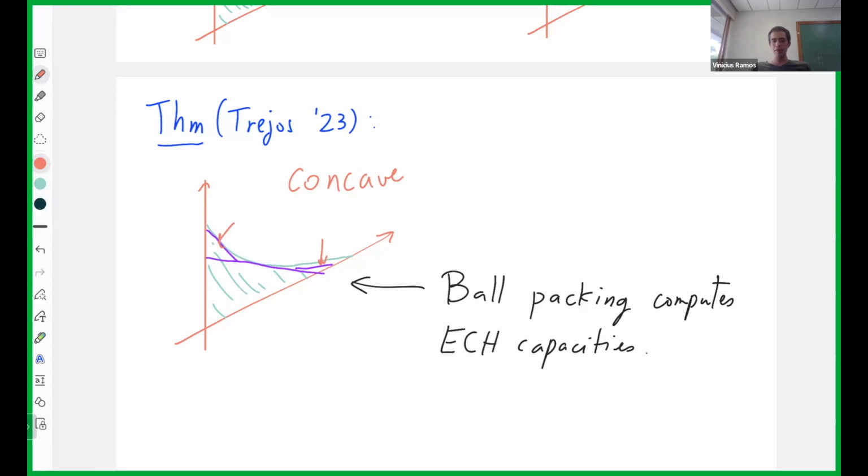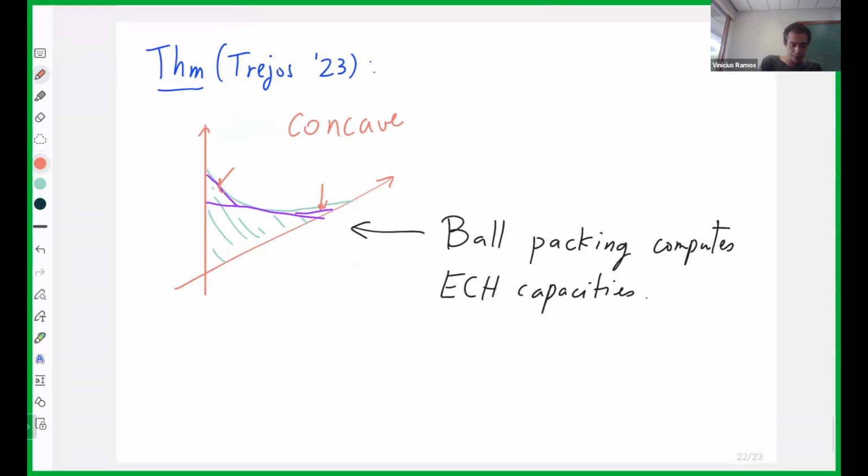So, for example, if we go back to the ellipsoid E(1,c) for c less than 1, then we can actually compute ECH capacities for the disk bundle of this ellipsoid, because this is the case of p equals 1, p equals 2.